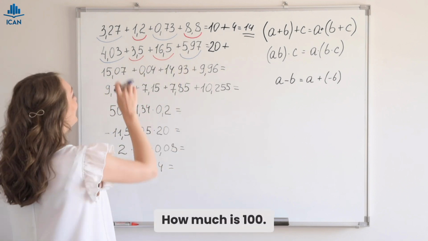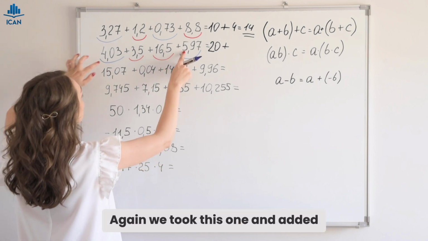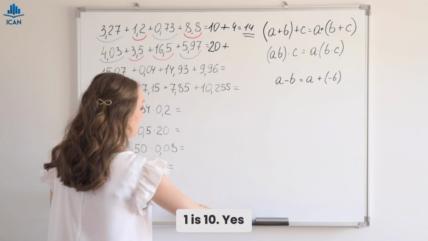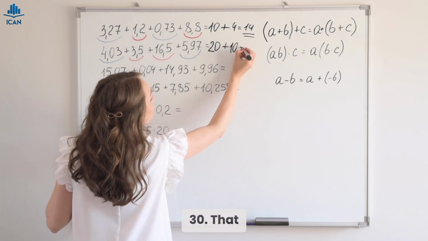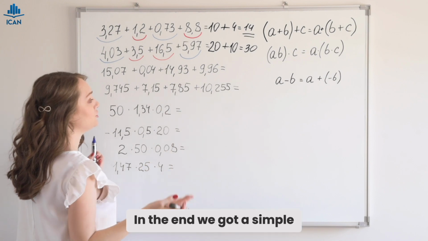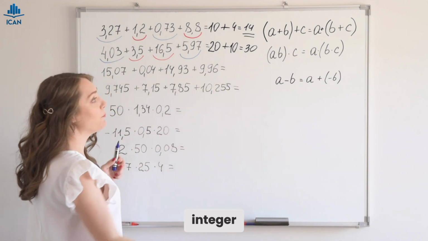How much is 100? Again, we took this one and added 5 plus 4. 9 plus 1 is 10. Yes, 10. In the end, we got 30. That is, we had 4 decimal places. In the end, we got a simple integer.